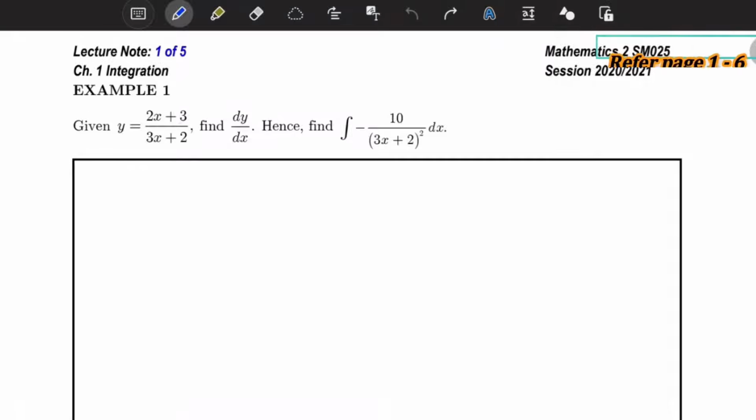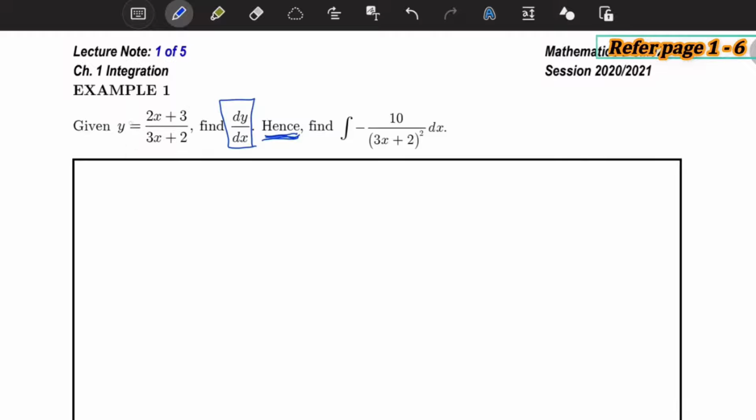Given y equals (2x plus 3) over (3x plus 2), find dy/dx. Then, hence, the word hence means we need to use the previous answer. Firstly, we need to find the derivative of y.